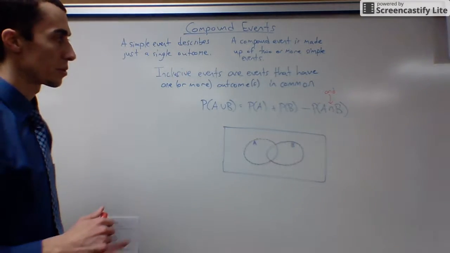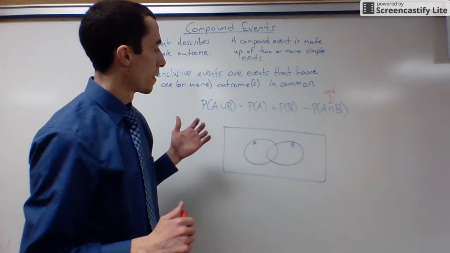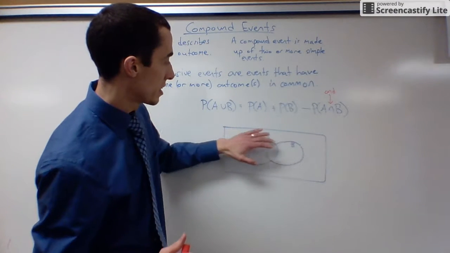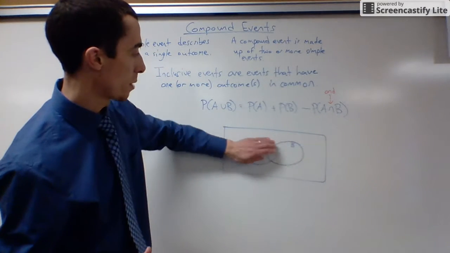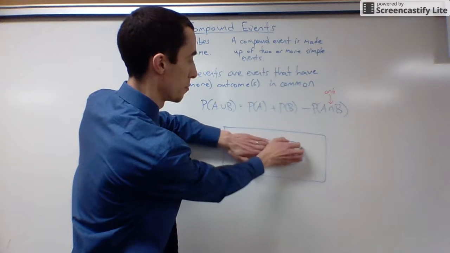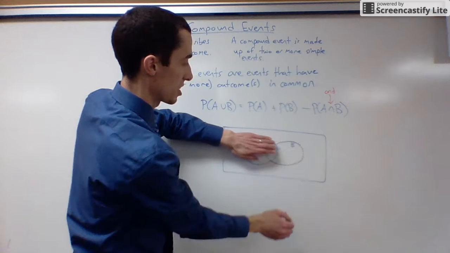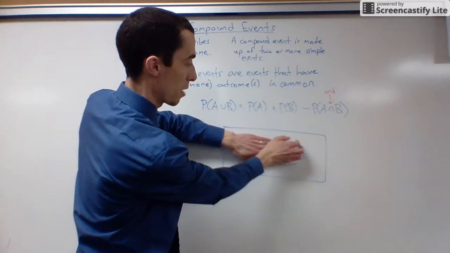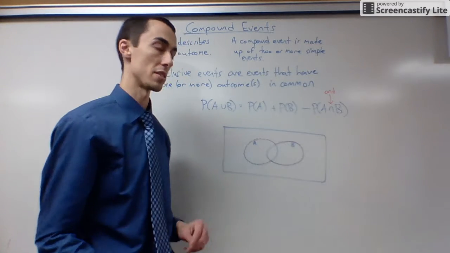Now, here's how we can make sense of this formula. Since we want to be in this red outlined area, we would take the probability of A plus the probability of B. But as you notice, if we just added probability of A and probability of B, we'd be adding this overlap region twice.